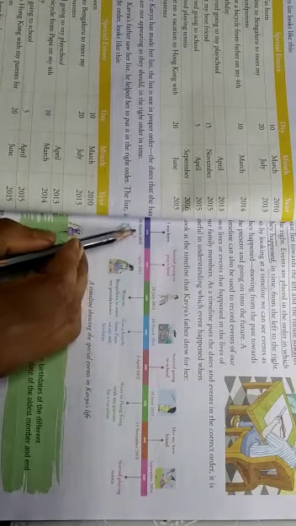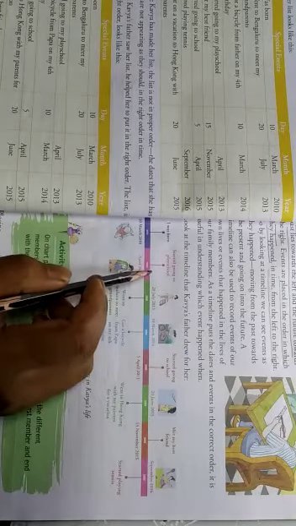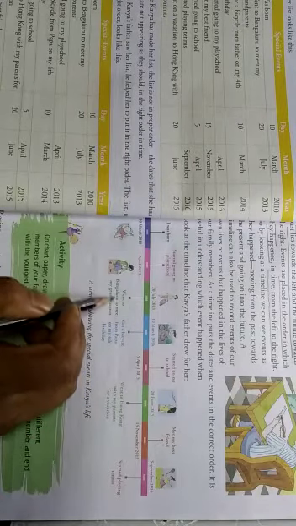Very easy. You can see here a timeline has been made on whose life? Kavya's life. Like when she was born, 10th March 2010, then she started going to school in April 2013, then on 20th July 2013 she went to Bangalore to meet her grandparents, and so on, right?